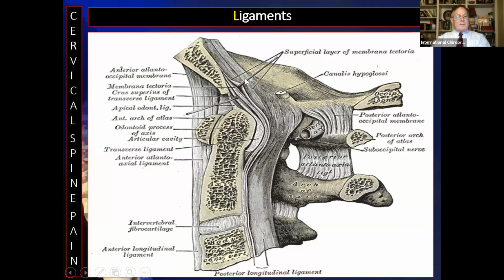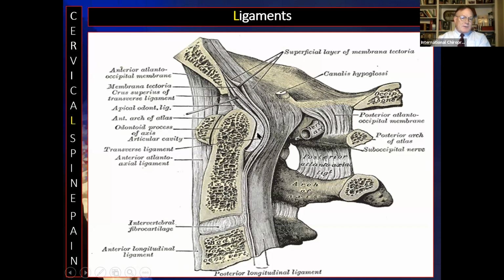So the innermost layer, the dura, is this surface layer, and then the tectorial membrane is here until about there. And then when it's inherent to the posterior cortex of C2, this is the posterior longitudinal ligament. Notice how the PLL is attached to the outermost annulus of C2-3. Again, these structures are in series. So the dura, posterior longitudinal ligament, outermost annulus, tectorial membrane are almost inseparable, although you see a potential space.